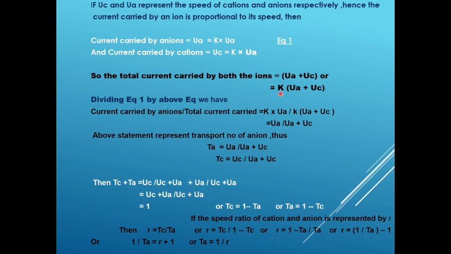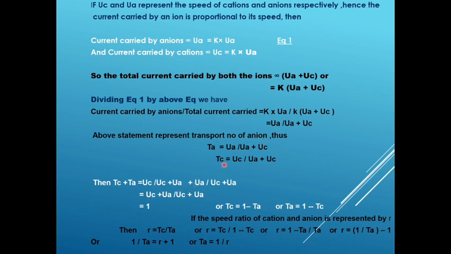If we divide this equation by equation 1, we get this equation. The above statement represents the transport number of anion. Thus, Ta becomes speed of anion divided by total speed of cation and anion.